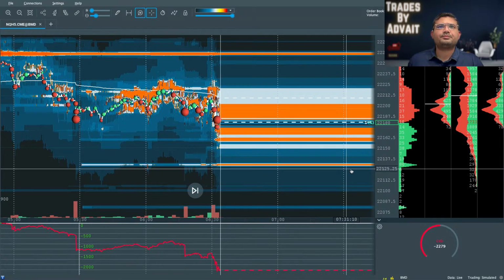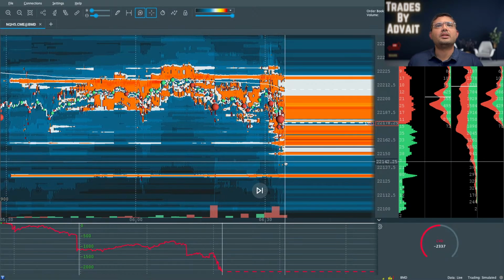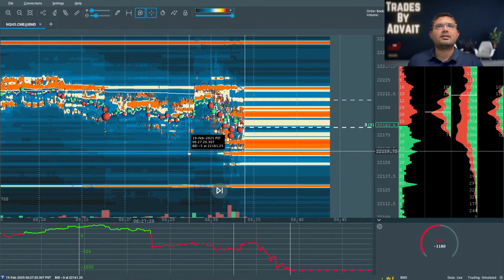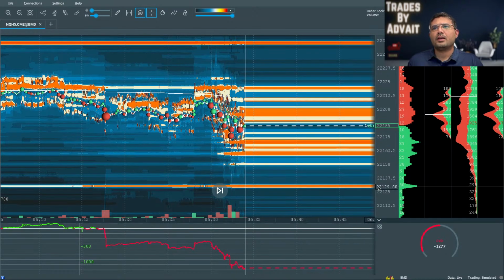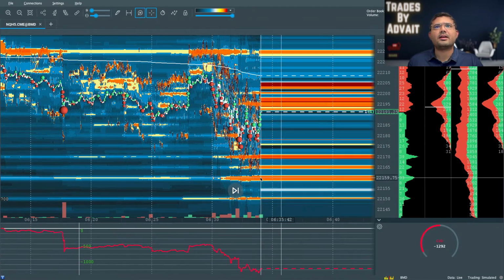Let's see what we have. I'll zoom in for better understanding, since this is just the start of the day and we want to get as much idea as possible.